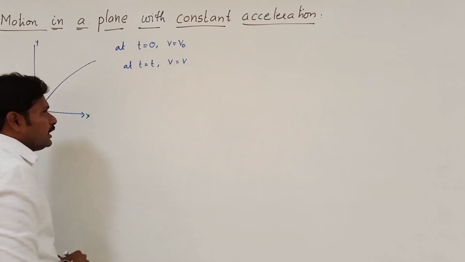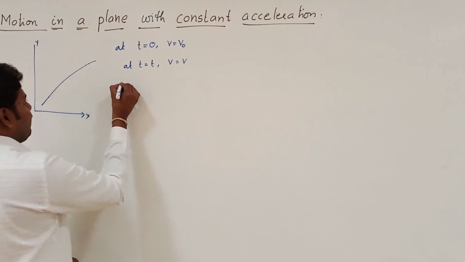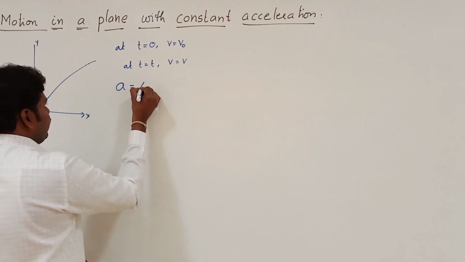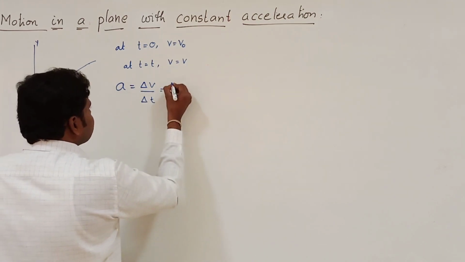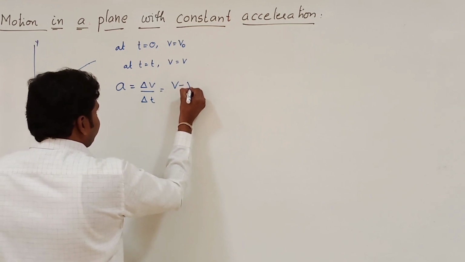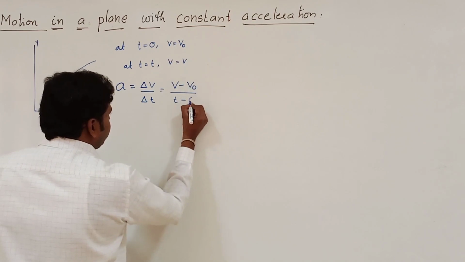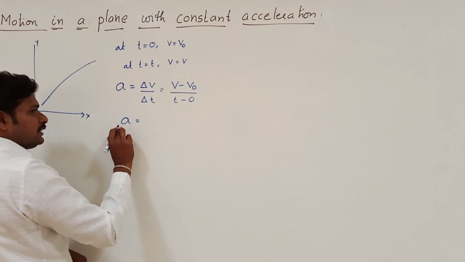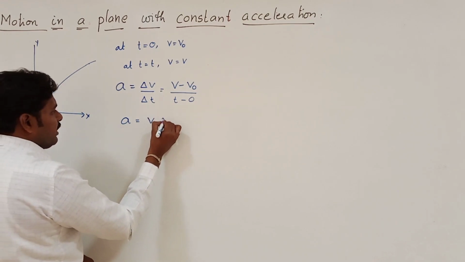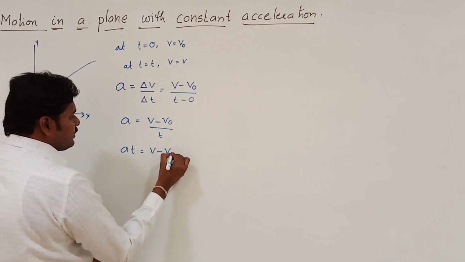Already we have solved these types of problems and derivations in the last chapter. The average acceleration is delta v by delta t, which means final v minus v naught by t minus 0. Constant acceleration is equal to v minus v naught by t, so at is equal to v minus v naught.